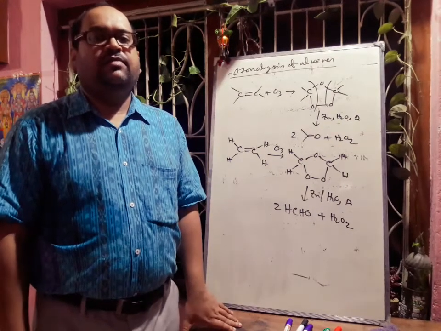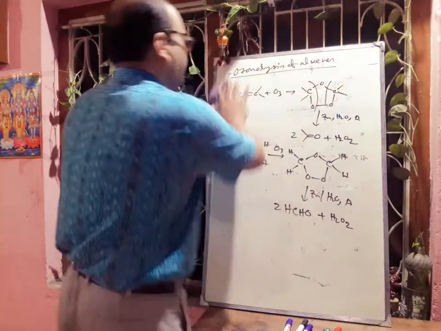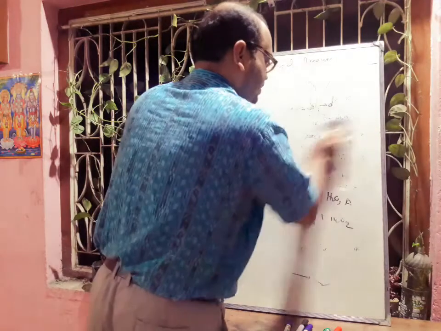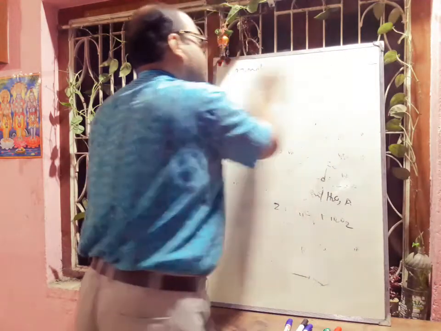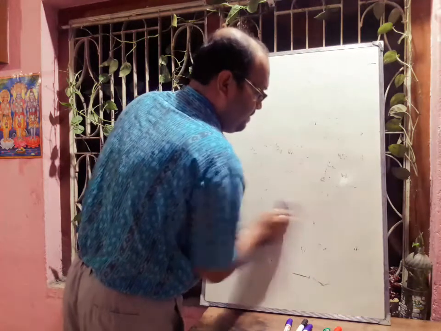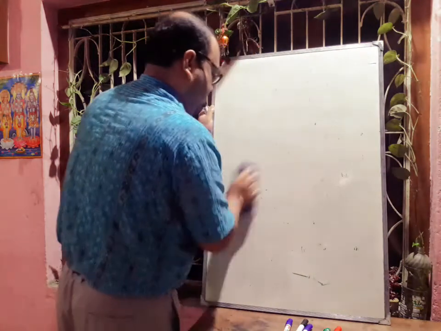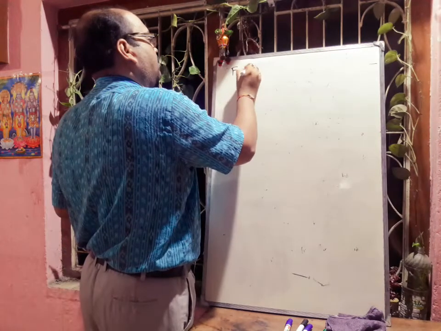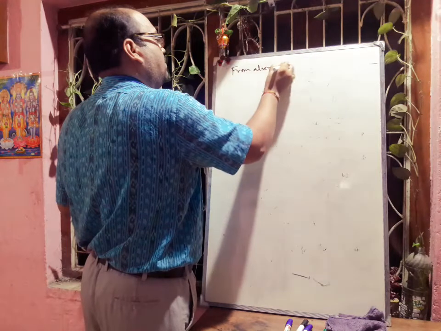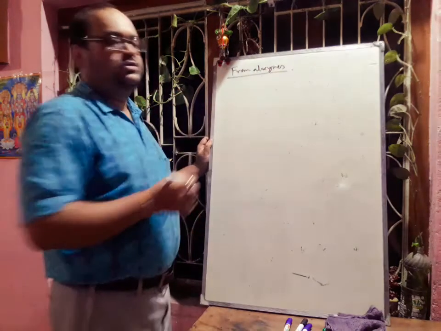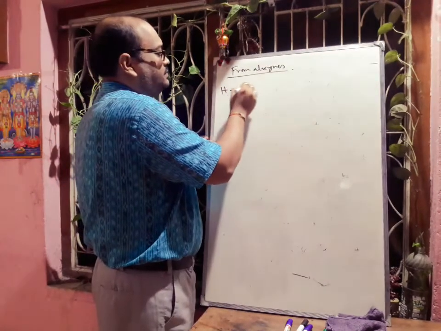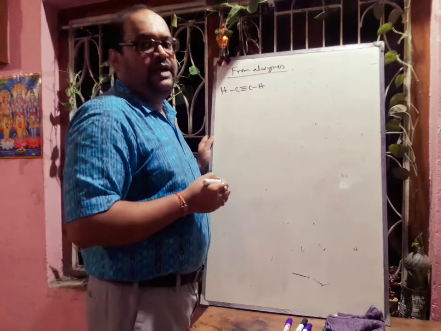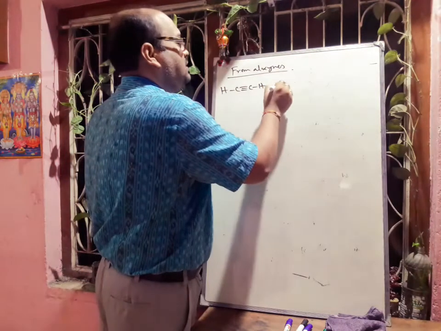Next we will discuss from alkynes. So if we take acetylene, here we have to give HgSO4 and dilute H2SO4 plus water.